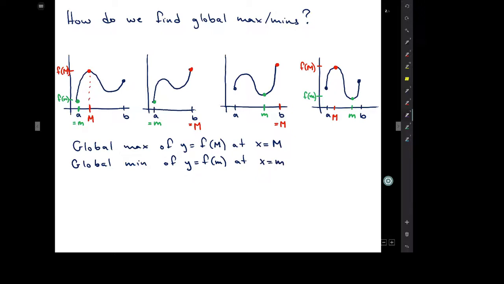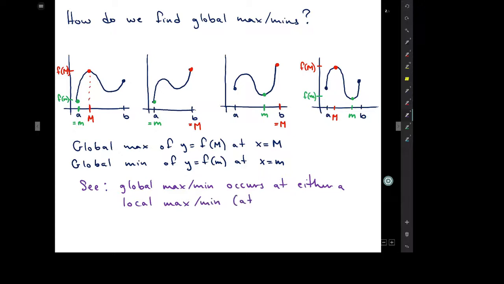So what we can see from these pictures is that in the case of a continuous function on a closed interval, our global max and min occurs at either a local max or min, so necessarily at a critical point, or at an endpoint.